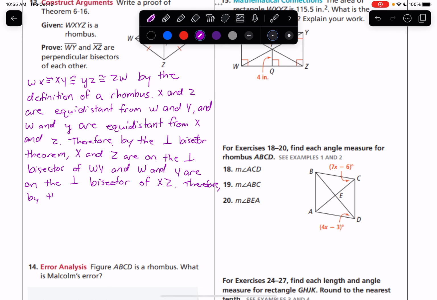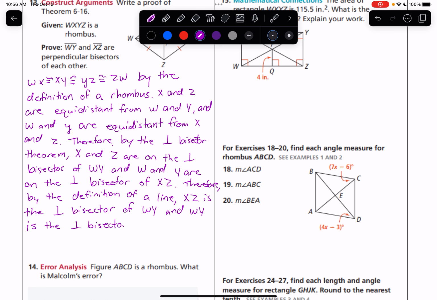Therefore, by the definition of a line, that means that XZ is the perpendicular bisector of WY, and WY is the perpendicular bisector of XZ, and therefore we have proven our theorem.